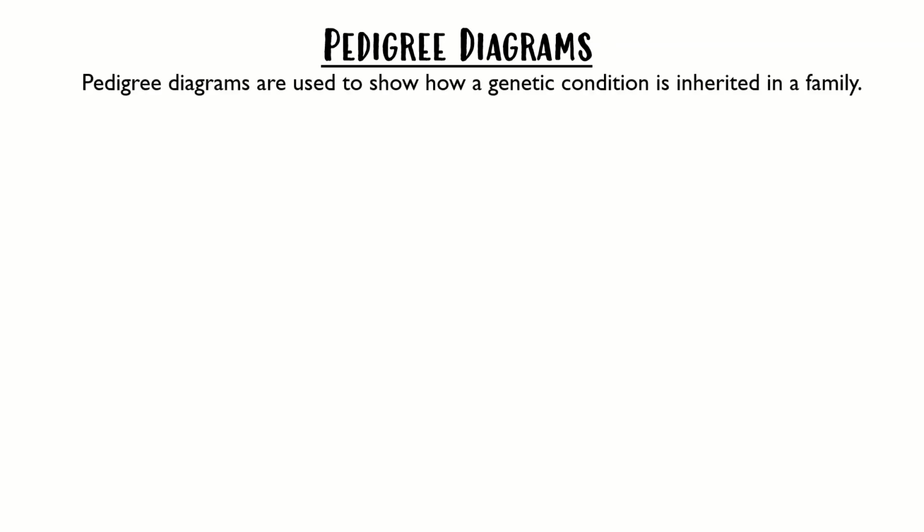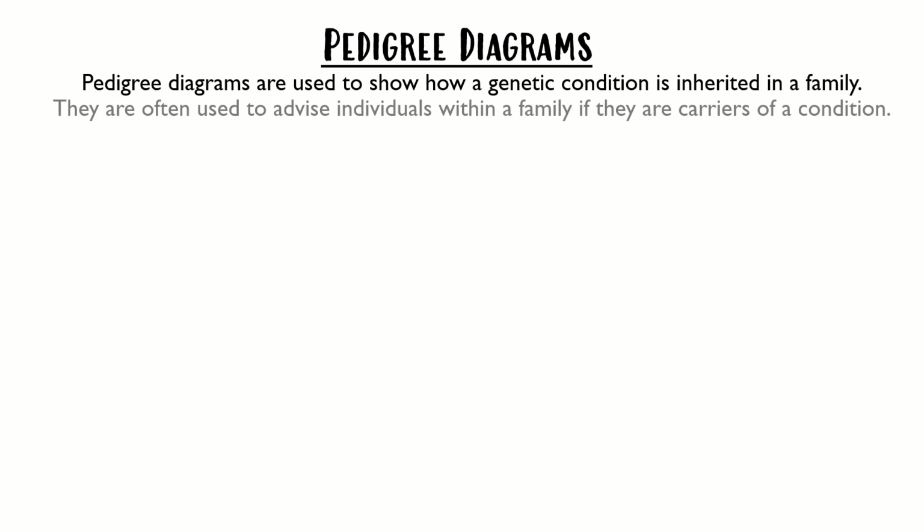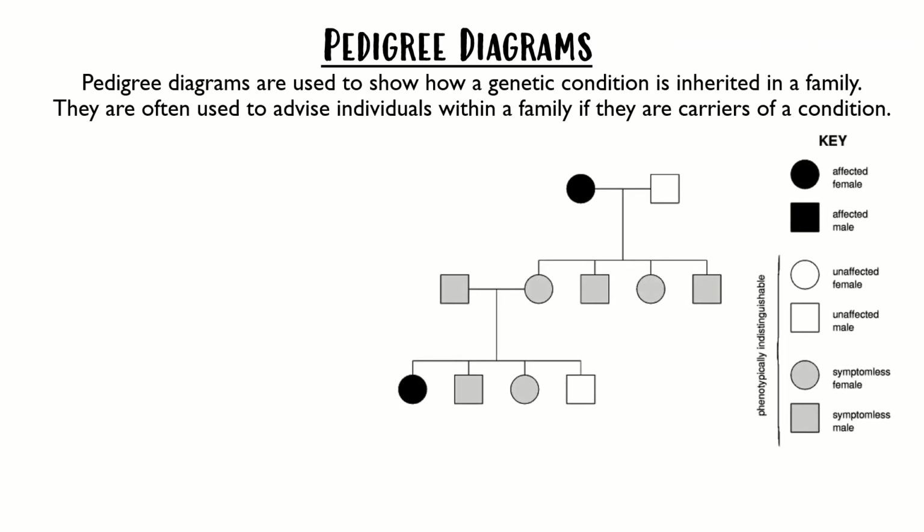The last thing that we're going to talk about is pedigree diagrams. This is a kind of family tree that enables us to see inherited diseases and how diseases are inherited. It enables doctors to predict whether a certain couple's offspring might have a genetic disorder or disease. They are used to show how a genetic condition is inherited in a family and may be used to advise individuals whether they're carriers.